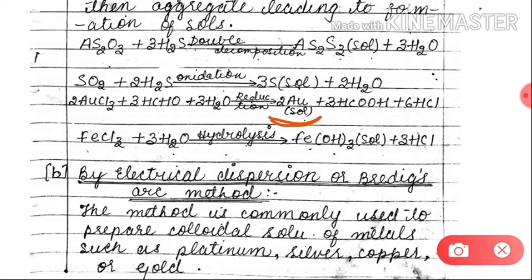And the fourth reaction is hydrolysis. Ferric chloride reacts with water and forms ferric hydroxide, and this ferric hydroxide also has the dimension equal to the colloidal dimension. So in this, the 4 different types of reactions are given: double decomposition, oxidation, reduction, and hydrolysis.